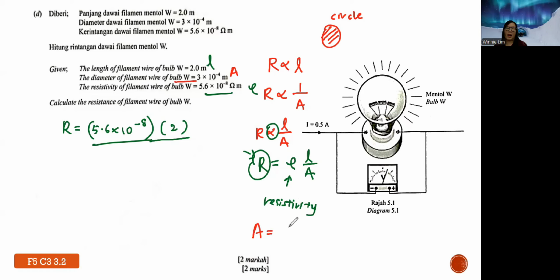So area is pi r squared, but they did not give me r, they gave me d. So pi times d divided by 2, squared. You can find A aside first, or you can put everything inside, but sometimes with too many numbers inside, some people press the calculator and get confused again. So my advice is to find A aside first. The diameter is in meters, so they are not confusing you with the unit. So you find out this value first. For pi, you can use the calculator pi, or 3.142, or 22/7. It's not a big problem.